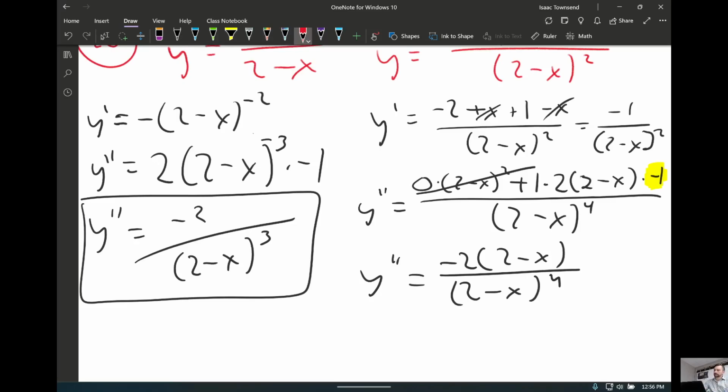Oh wait, maybe. Oh, okay. This was supposed to be a minus, but then one of the derivatives was negative. So I didn't include the -1 when multiplying it times 2 minus x squared. I just did the derivative of this without it, so that made this -2, and that made it positive, so that's why I ended up with, oh, -2.